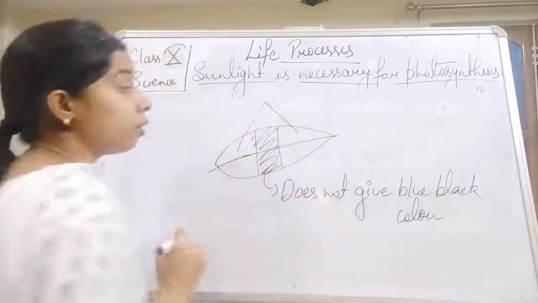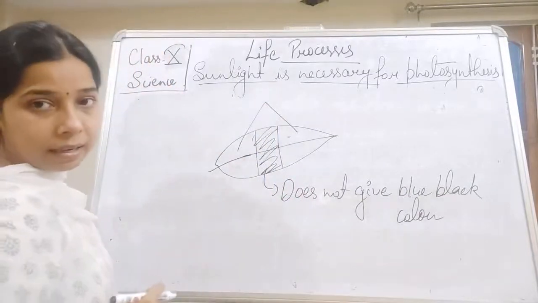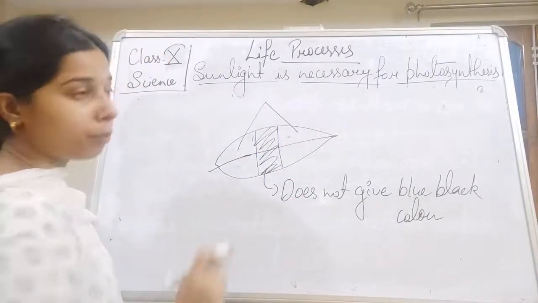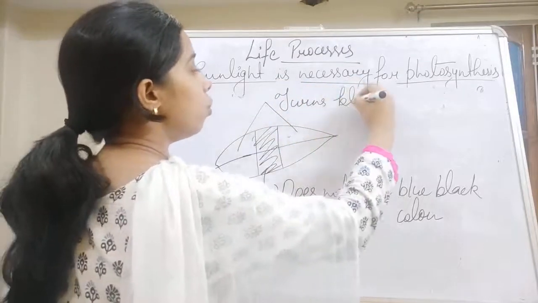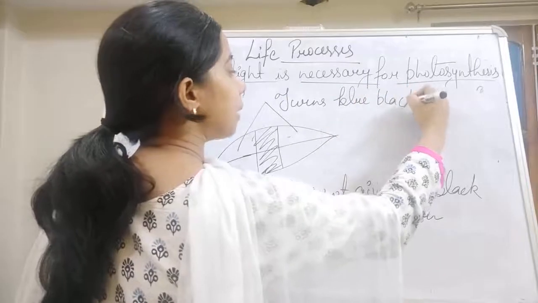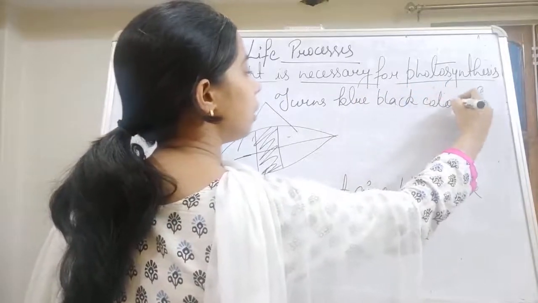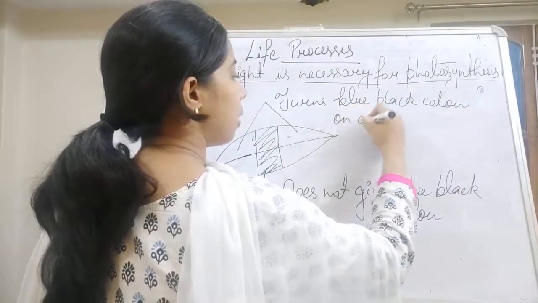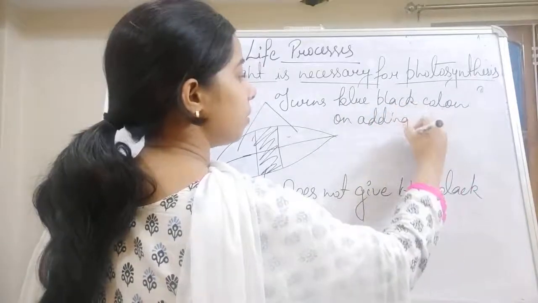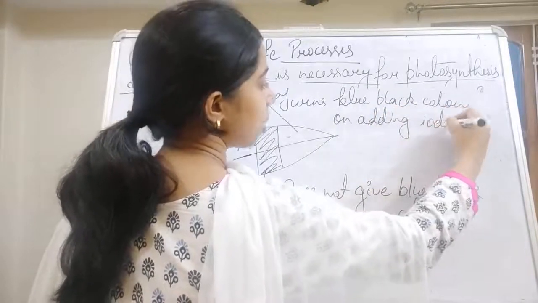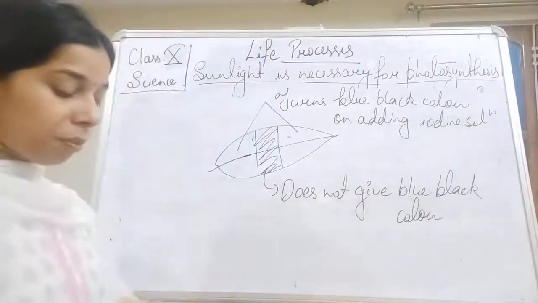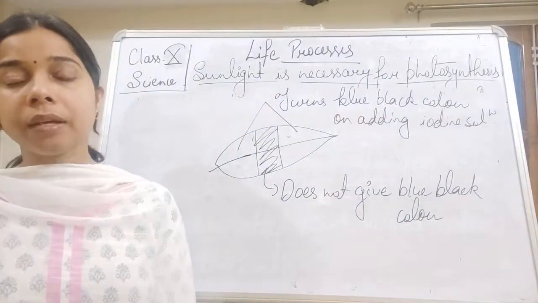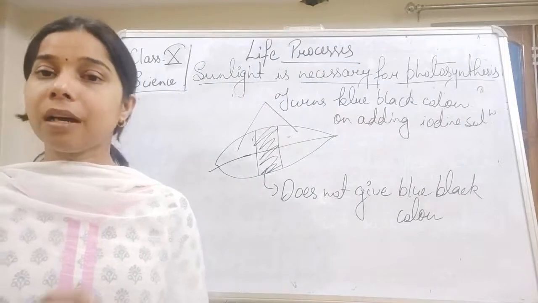But the portion which was exposed to the sunlight, which was not covered with the aluminium foil, turns blue black in color on adding iodine solution to it.